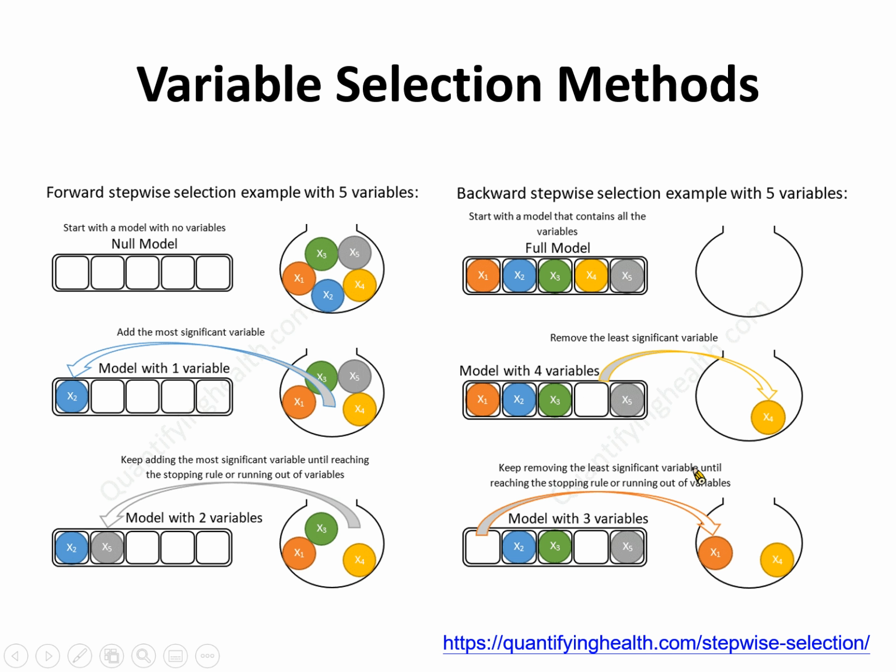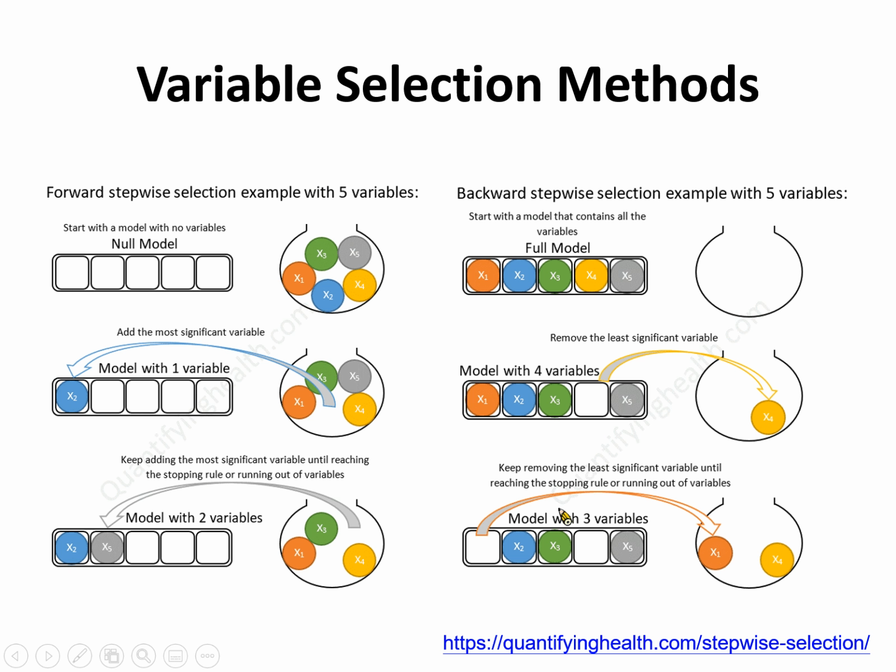Then in the next step, we try to get rid of another one and evaluate whether the model is better than the previous one. We repeat this procedure until no more can be removed. So those are very popular variable selection methods. And true stepwise selection is a combination of the forward and backward stepwise selections.